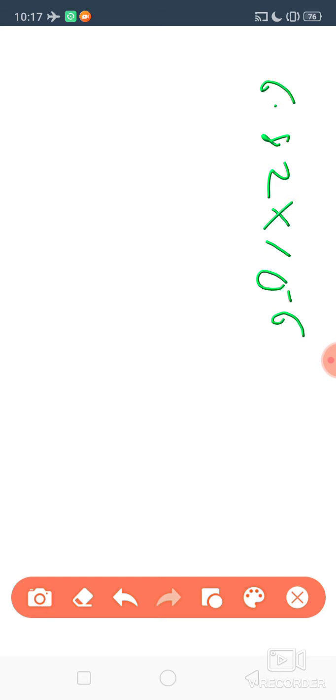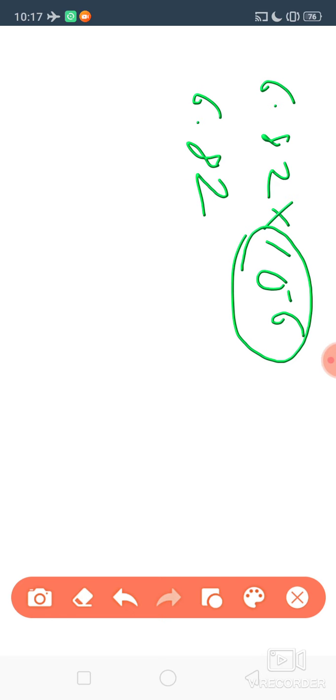This is your question. Now this 10 to the power minus 6, to make its exponent plus what do we have to do? We have to take it in the denominator. It will become 6.82 by 10 to the power 6.